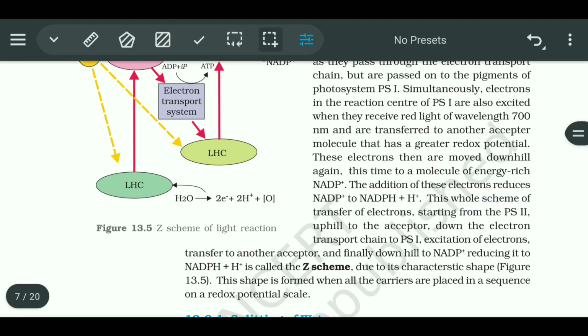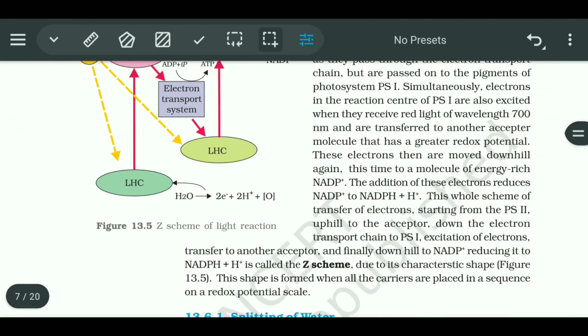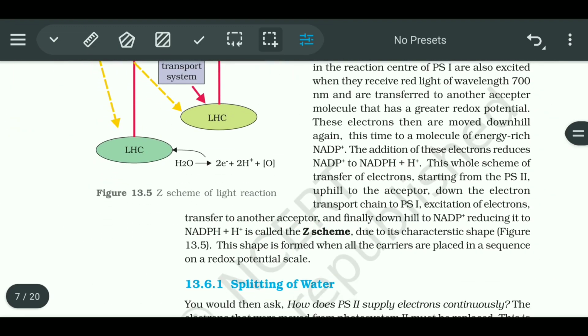This whole scheme of transfer of electrons, starting from PS II, uphill to the acceptor, down the electron transport chain to PS I, excitation of electrons, transfer to another acceptor, and finally downhill to NADP+, reducing it to NADPH plus H+, is called the Z scheme. Due to its characteristic shape, this scheme is formed when all the carriers are placed in a sequence on a redox potential scale.